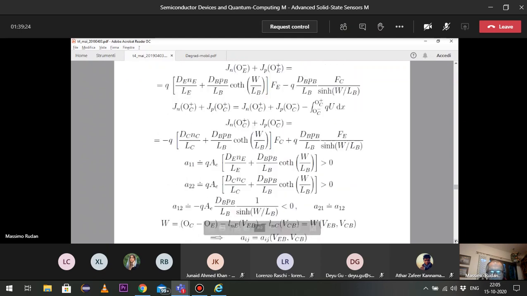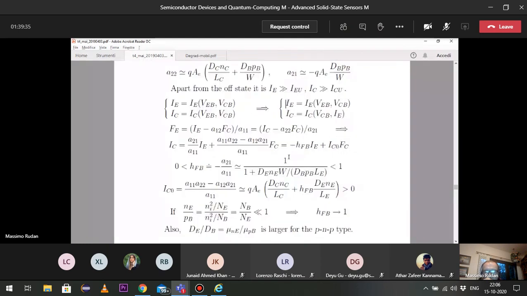So this formula here, in the normal mode of operation, becomes IC equal minus HFB IE minus IC0.